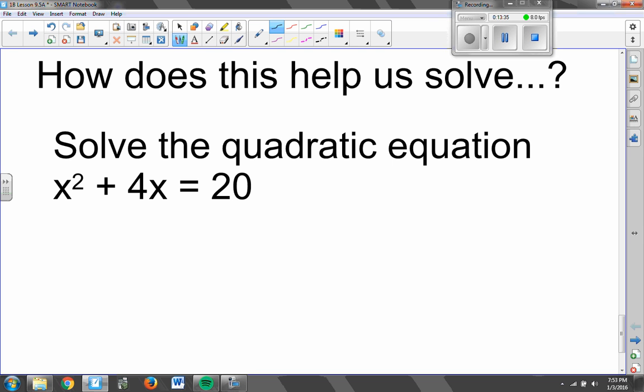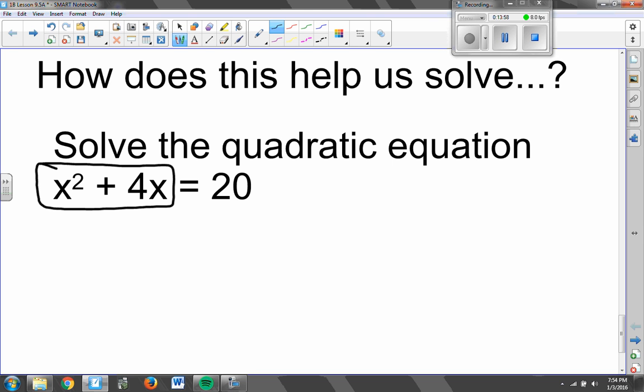All before break, we've been talking about making sure that our quadratic equations are equal to 0, unless we're going to complete the square. Okay, so when we complete the square, we don't need that, because we would like this on the left side of my equal sign, because we know what to do with that. Right? X squared plus 4x.